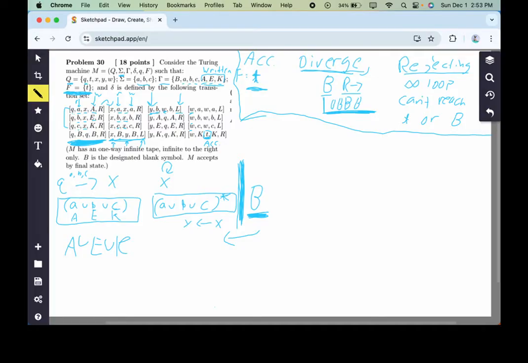If I see a lowercase b, then I can go to state W. Well, the only way I can get a lowercase b is if I'm looking at the left of the string, and if one of these characters from this A union B union C was a B, then that would bring me to this state.